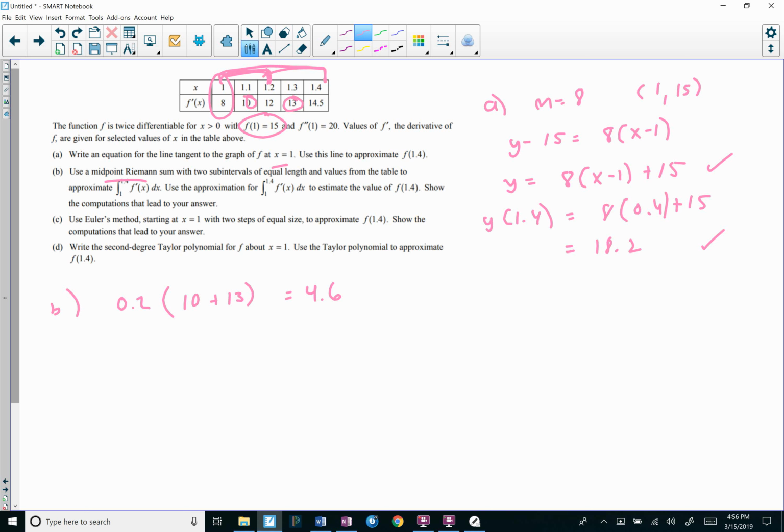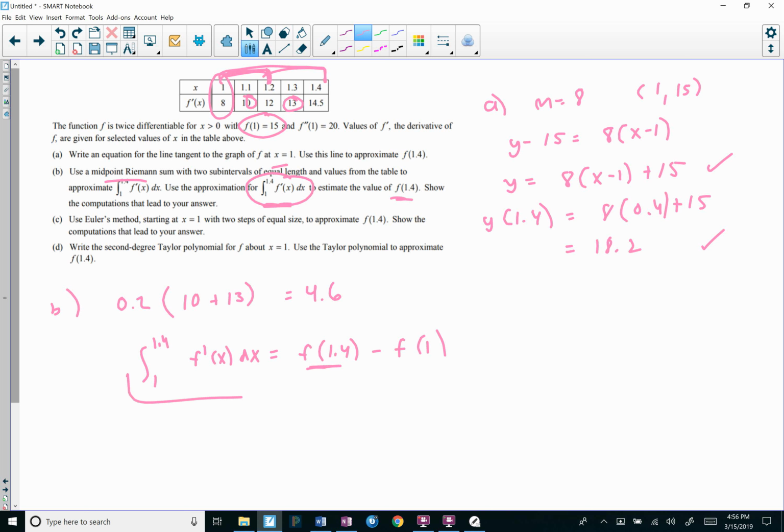Okay. Now it says use that estimate, we just found that, to approximate f of 1.4. So we know the integral from 1 to 1.4 of f prime of x dx, by the fundamental theorem of calculus, will give me f of 1.4 minus f of 1. And this is what we're trying to find.